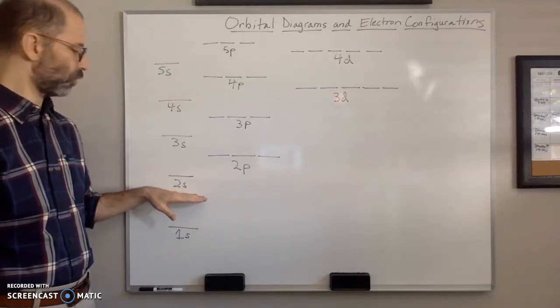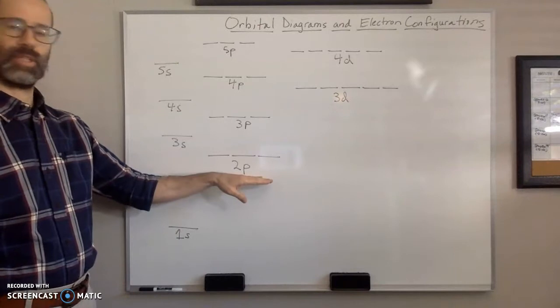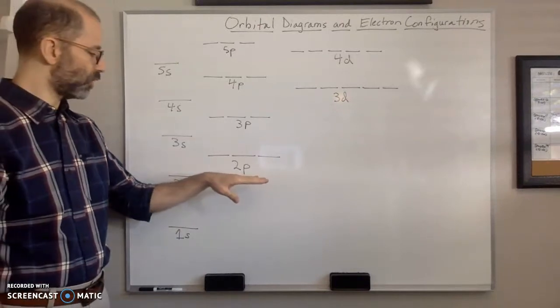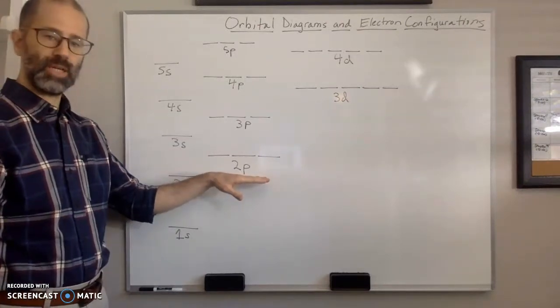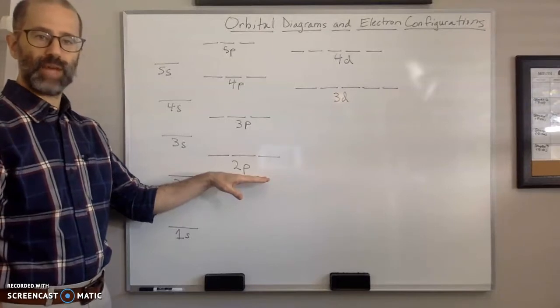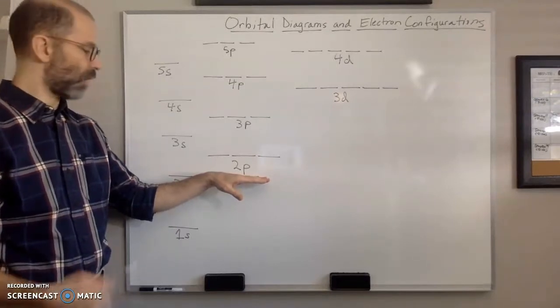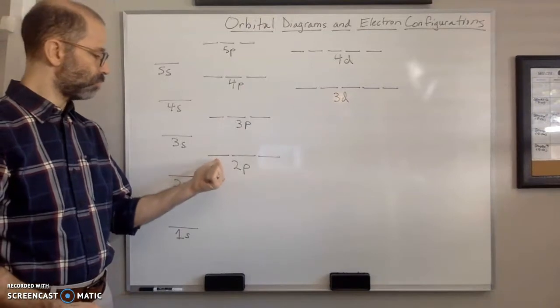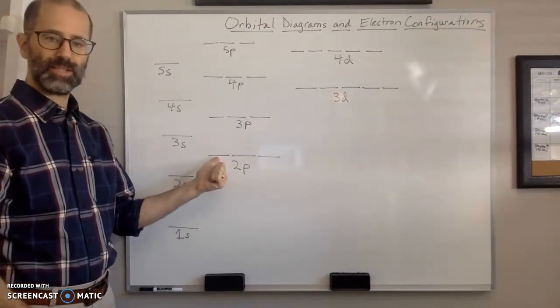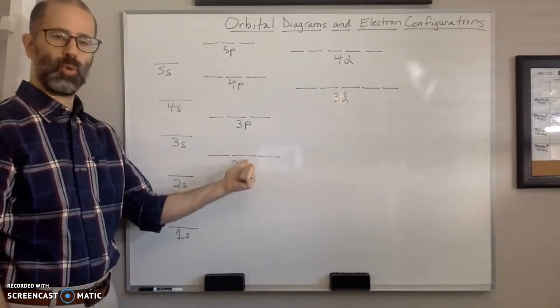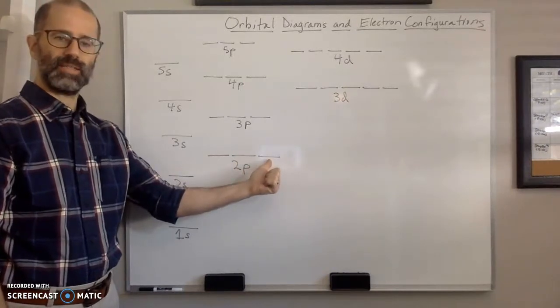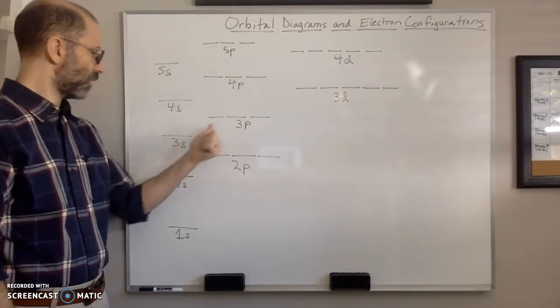That's the 2s orbital. And then you have the sublevel 2p, which has three orbitals: the px, the py, the pz. So this would be your 2px orbital, your 2py orbital, and your 2pz orbital, and so on and so forth.